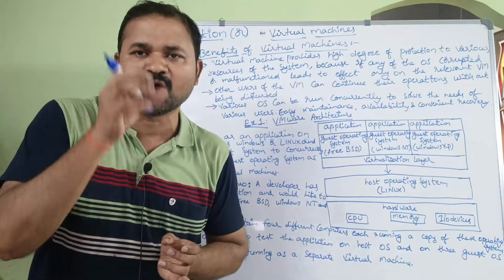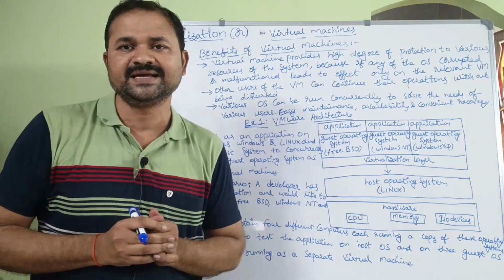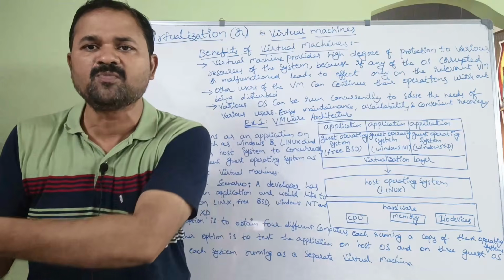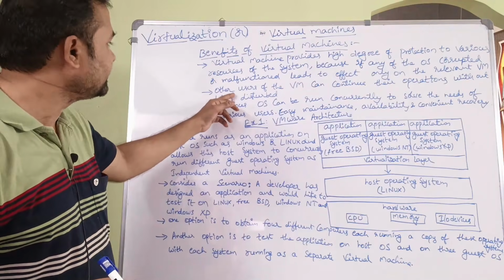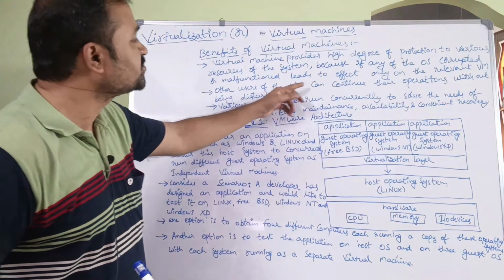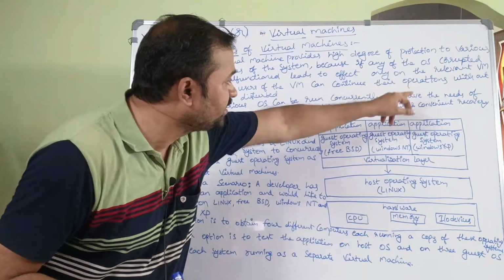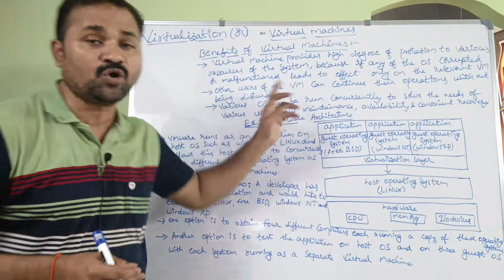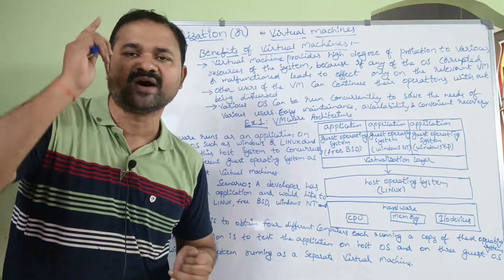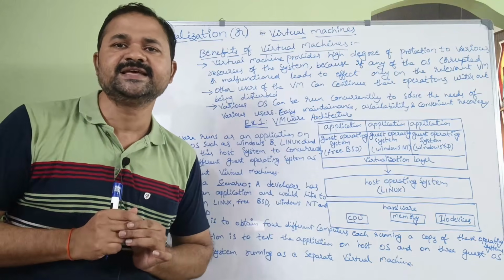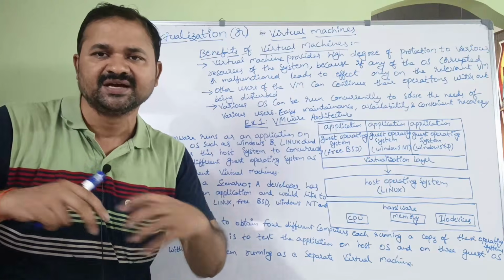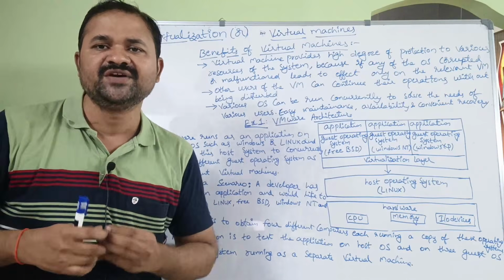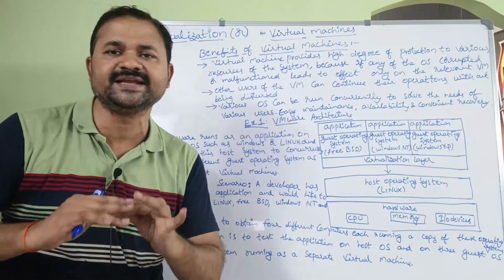So if there is a problem with one virtual machine, it doesn't lead to problems on the other virtual machines. Next, another advantage: other users of the virtual machines can continue their operations without being disturbed. So if one virtual machine fails, there is no problem on the other virtual machines. Other users can do their work very easily without any disturbance.